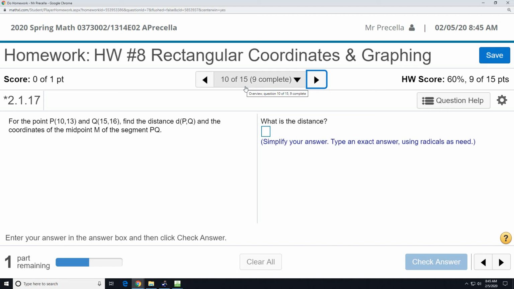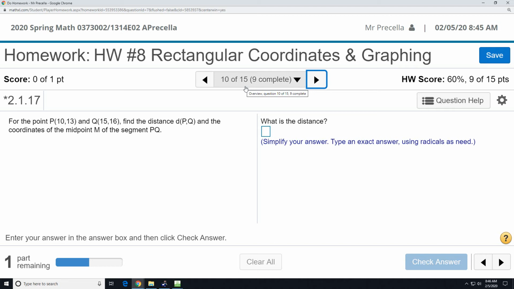For the point P (10, 13) and the point Q (15, 16), find the distance, and then there's that notation, d(PQ), and the coordinates of the midpoint, M. So there's two things we're asked to do: find the distance, find the midpoint.